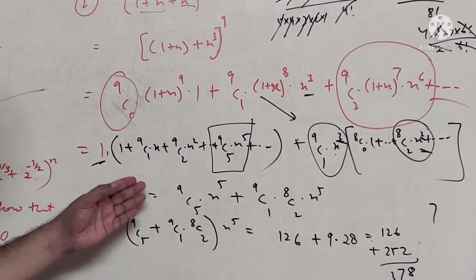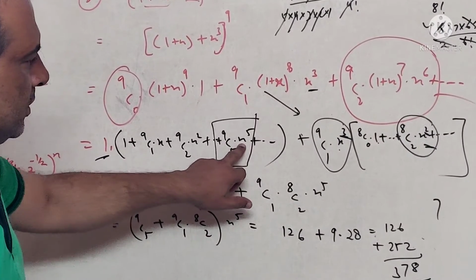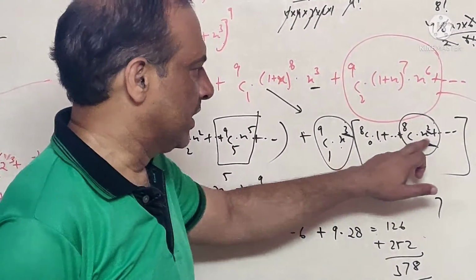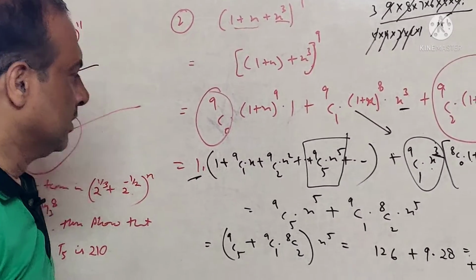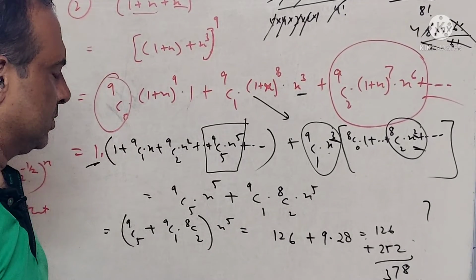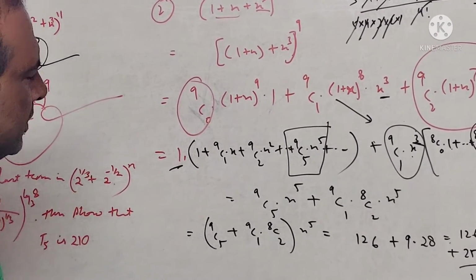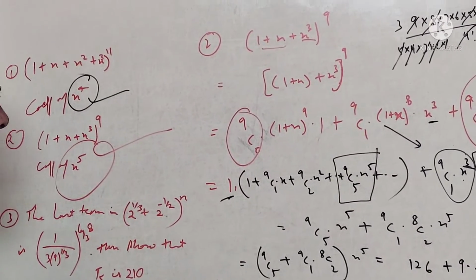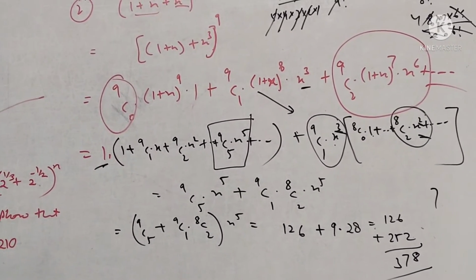Here, after expansion you will have x raised to power 5, and if you multiply x cube with x square, then here again you will have x raised to power 5. Therefore, on expanding all these and doing all these calculations, you will have your required answer of 378, which is very interesting and quite important as per the exams.